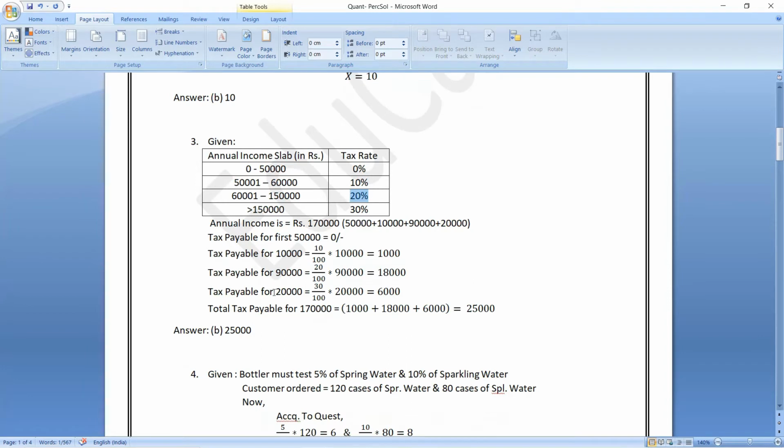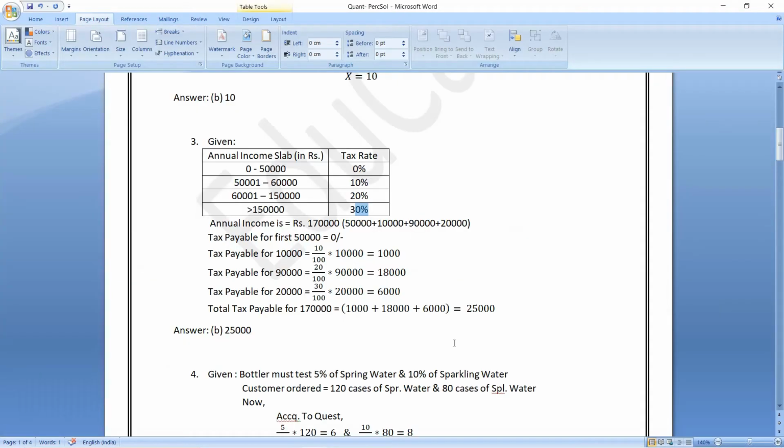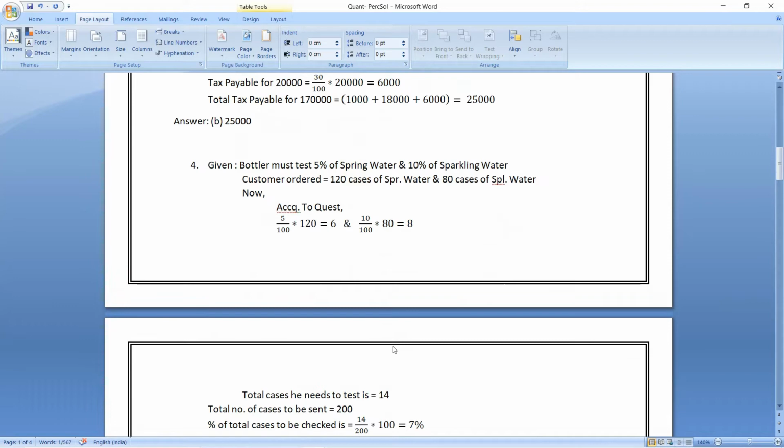Then for the last part of 20,000, 30% tax rate is applicable. So 30% of 20,000 equals 6,000. So total tax payable for 1,70,000 is the addition of the three, that is 25,000. So the answer will be 25,000, option B. Now to the next question.